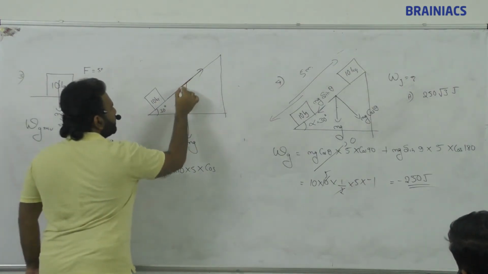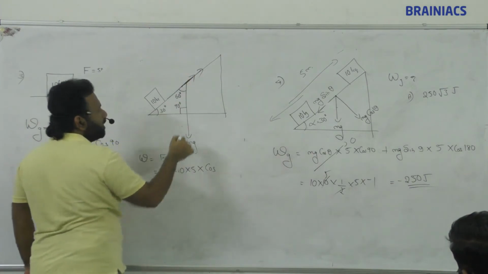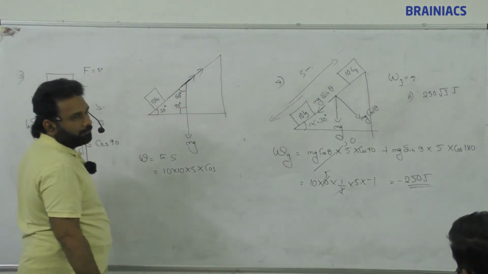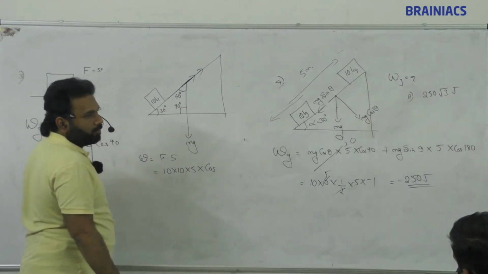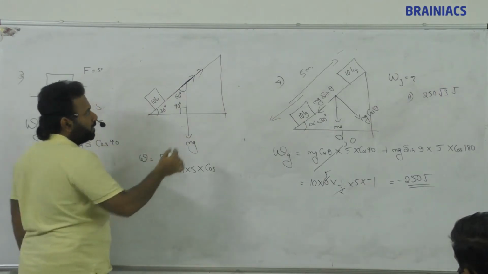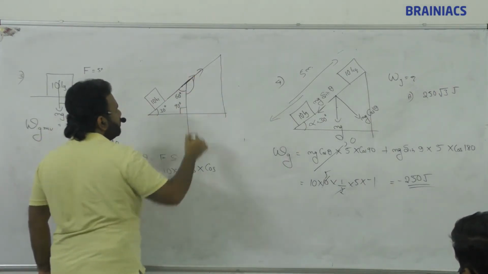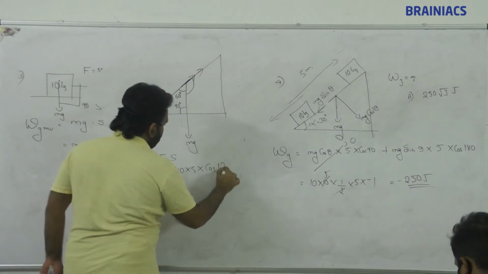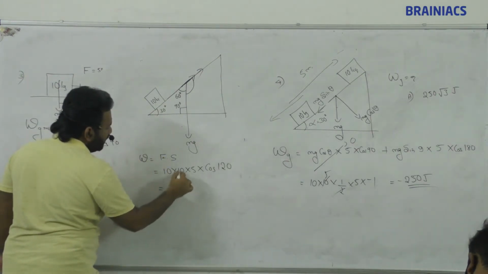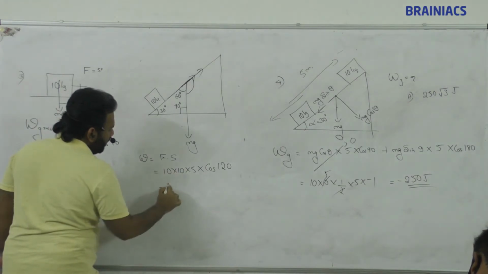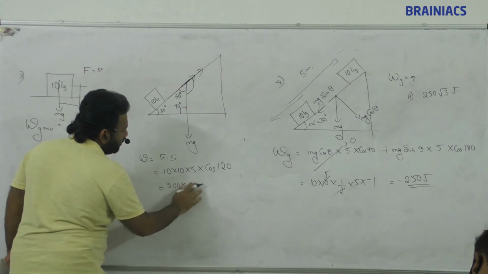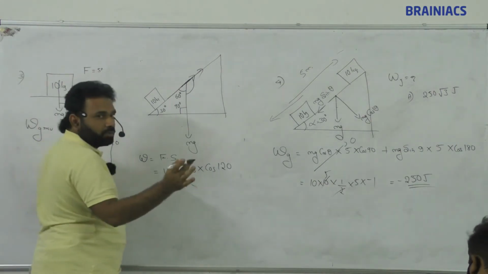This is the direction of displacement and this is the direction of force, so the angle is 120. Cos 120. So this is going to be 500 into minus.